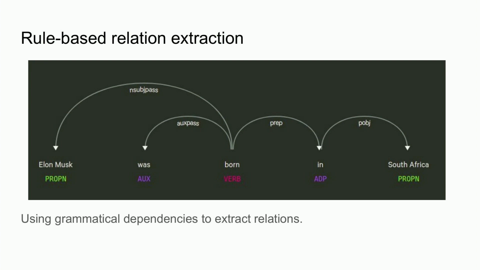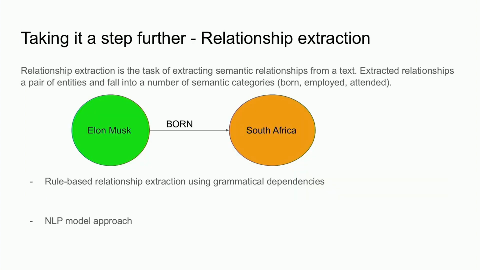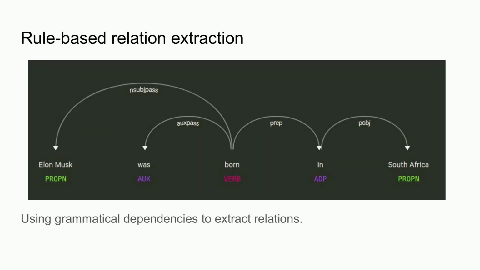So we've got Elon Musk as subject, born as predicate, and the object is South Africa. And so we can infer that actually Elon Musk was born in South Africa, instead of just having a generic co-occurrence relationship between them.